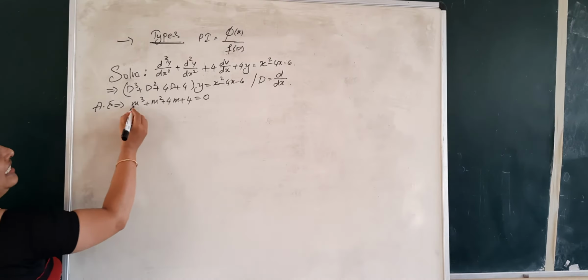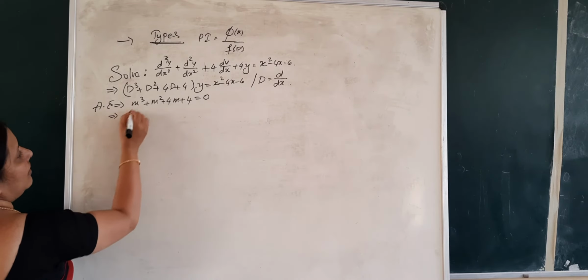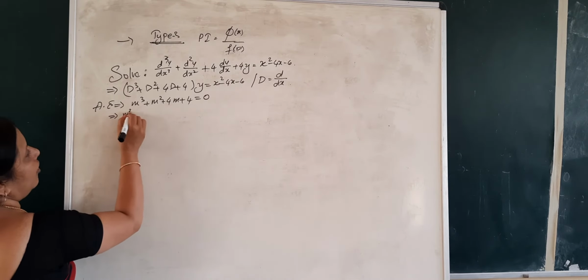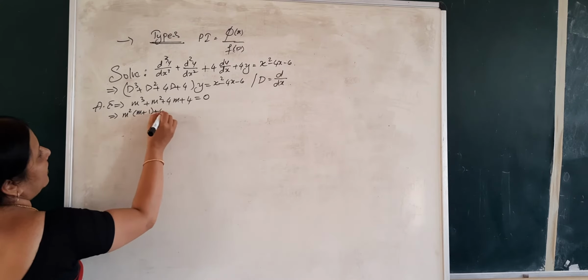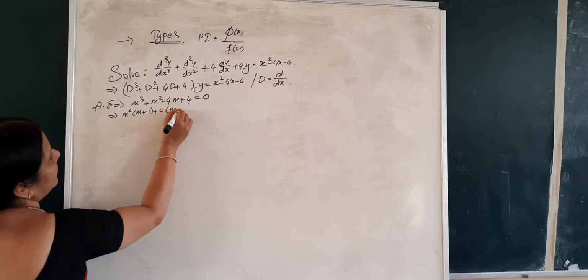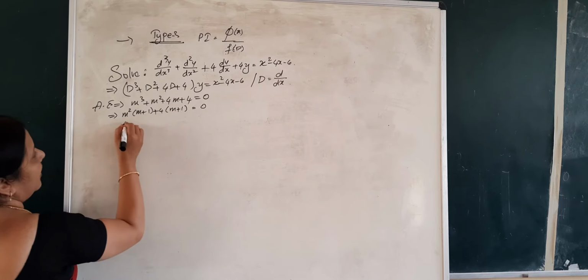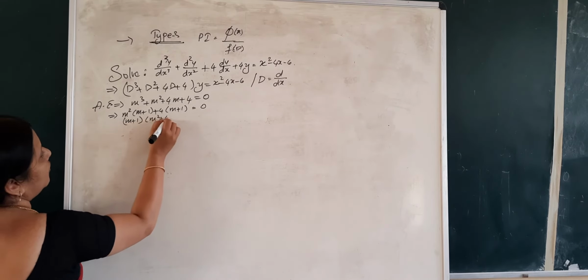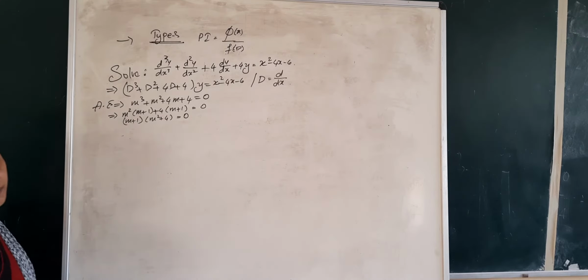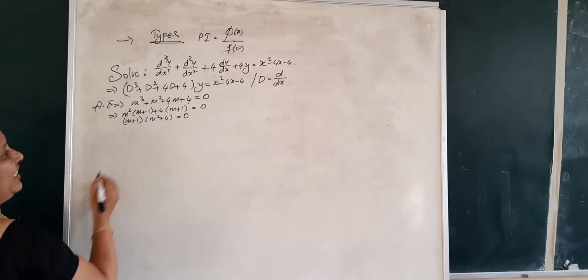So I will try to factorize it directly here. Factorizing further, I take m square common, I get m plus 1, plus 4 is common, m plus 1 is remaining. So one of my factors is m plus 1, another term is m square plus 4, which is an irreducible quadratic form. So you don't have to apply splitting the middle term.